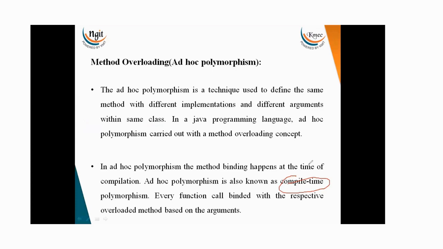Every function call is bound with the respective overloaded method based on the arguments. If you are passing integer type arguments, then the respective method gets executed. If you are passing double type arguments, then that respective method gets executed. So the polymorphism performed at compile time is called method overloading.